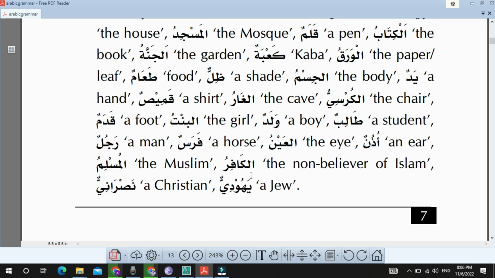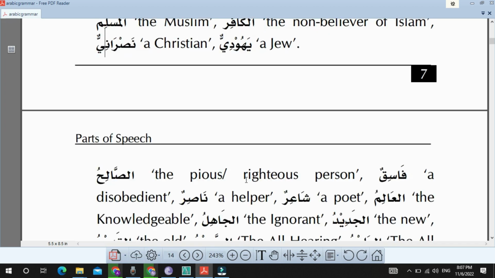Al-Kafiru, the non-believer of Islam. Nasraniyun, a Christian. Yahudiyun, a Jew.